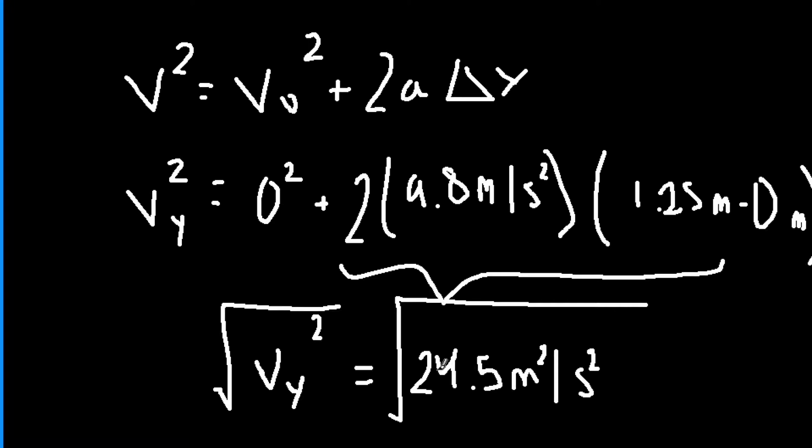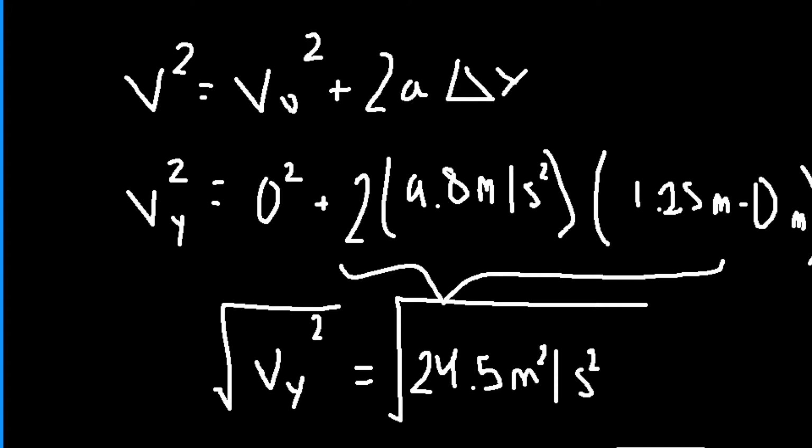So if we square root 24.5, we should get 4.9497. I'm taking sig figs lightly here, but we will consider sig figs at the very end. So you should get something like 4.950 meters per second.